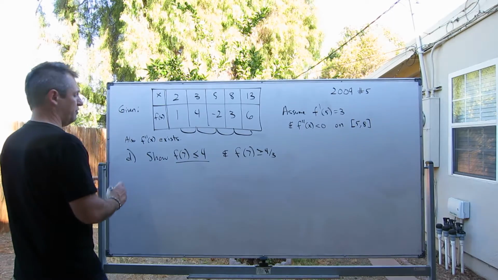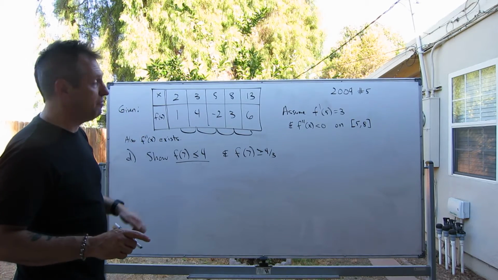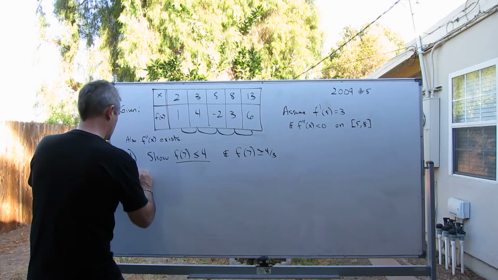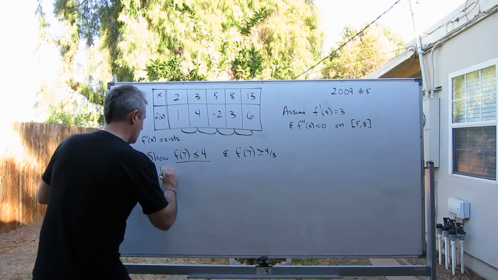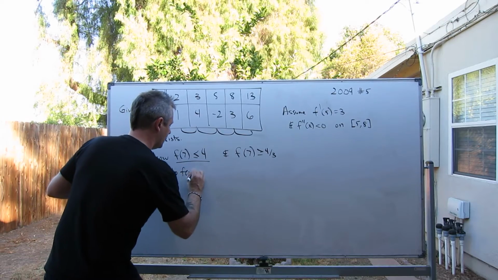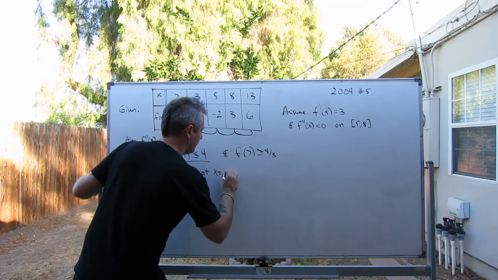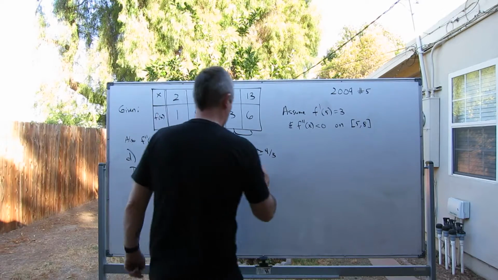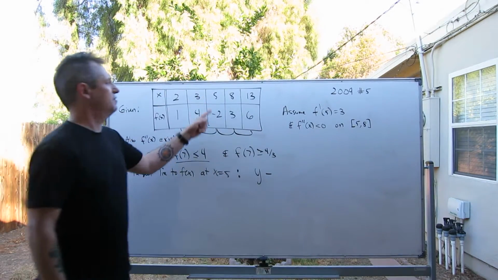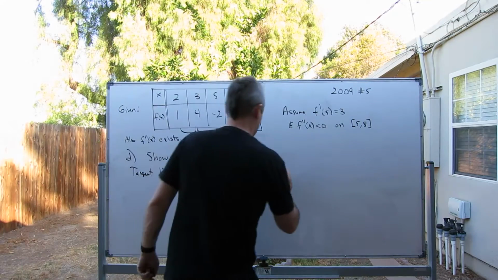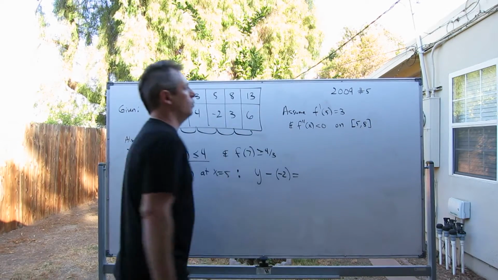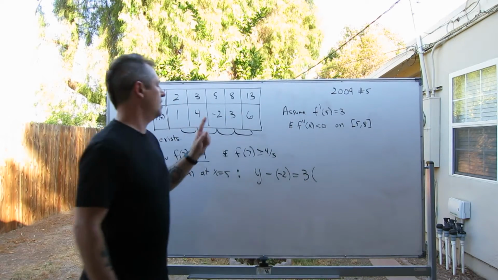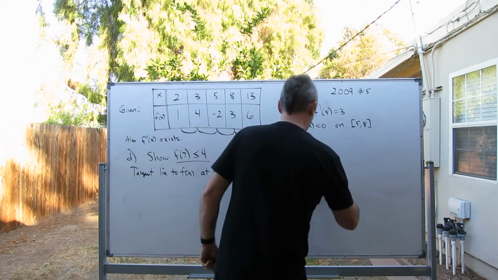So I'm going to start by finding the tangent line to f at 5. So the tangent line to f of x at x equals 5 is given by the following, point slope form. So I have y minus its value at 5, so that is negative 2, equals the slope at 5, which is 3, times x minus 5.